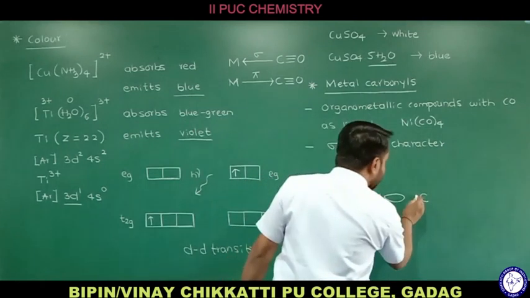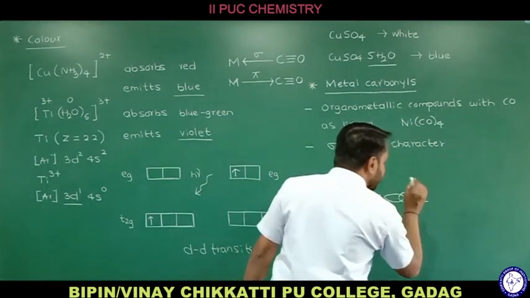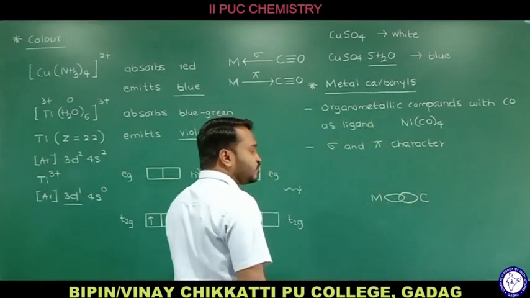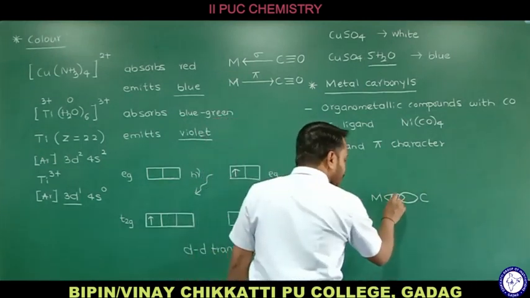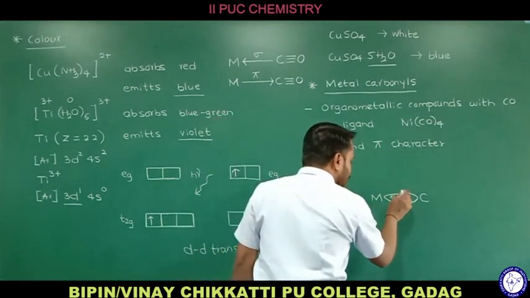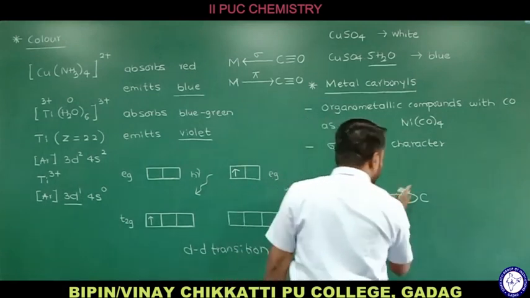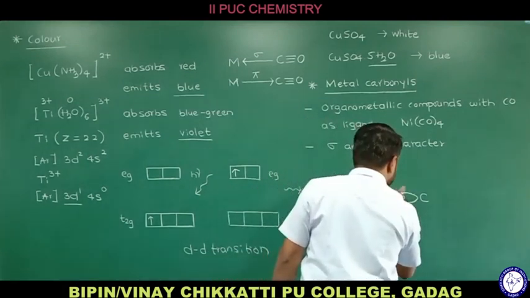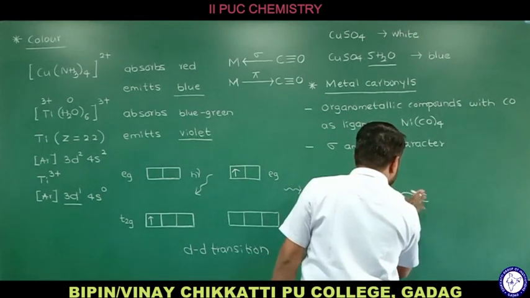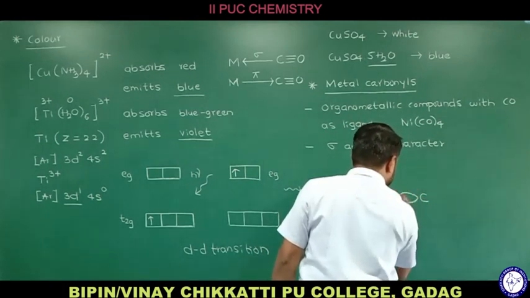And here I will consider one more atomic orbital of this particular carbon. This carbon orbital contains the lone pair of electrons. So let me draw here. This is the vacant atomic orbital, and this will be head-on overlapping, isn't it?